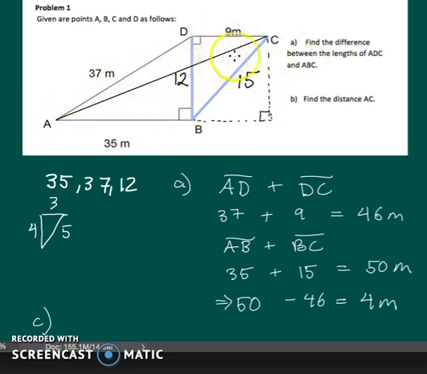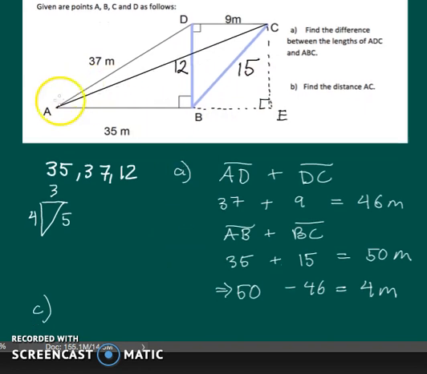So now we've got this triangle A. Let's call this point here E. Let's call this triangle AEC, and we're going to find its hypotenuse. So what lengths do I have here? From A to B, I've got 35, and now I have this rectangle here that I've just created, DBEC.